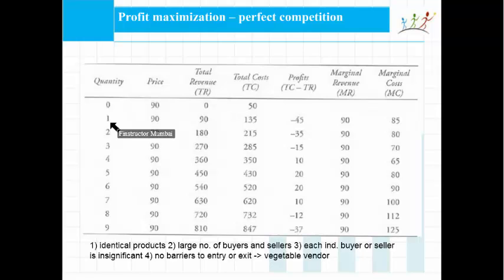If we produce and sell 1 unit of the product, then we will be able to earn a revenue of $90, and the total cost increases to $135. So what is my profit? It is total revenue minus the total costs. It comes out to be 90 minus 135, which is equal to minus 45.